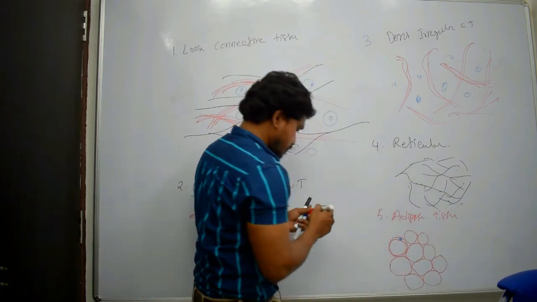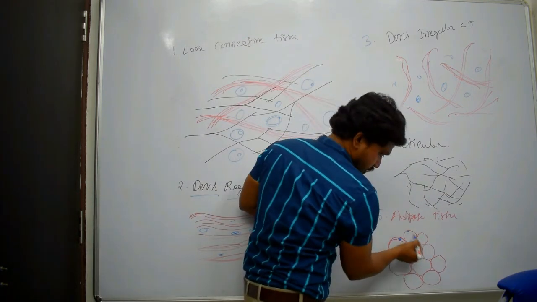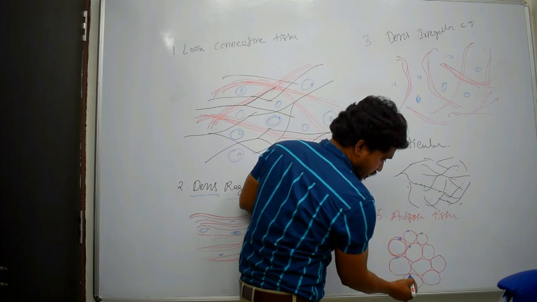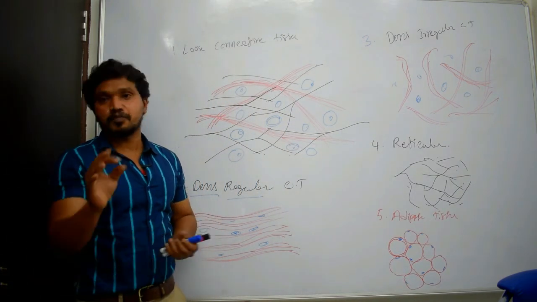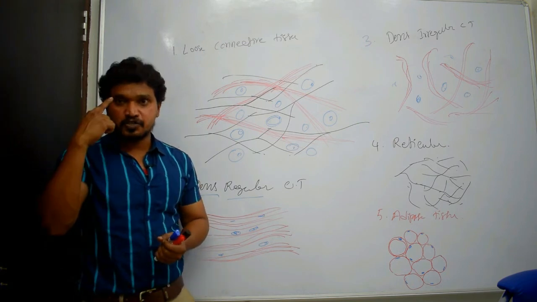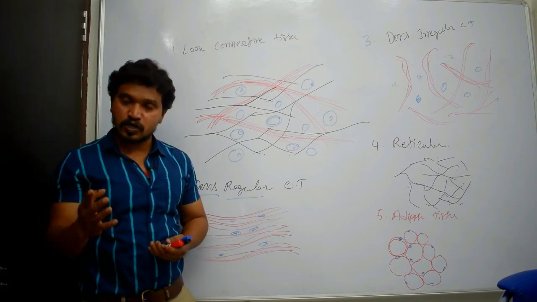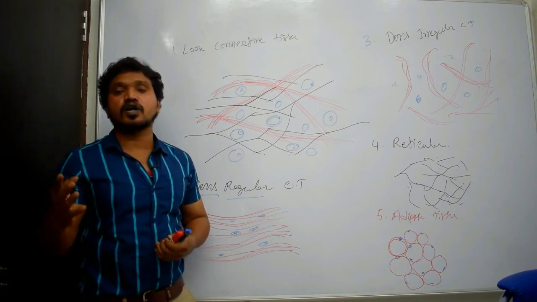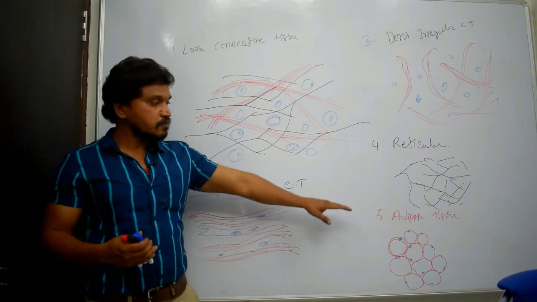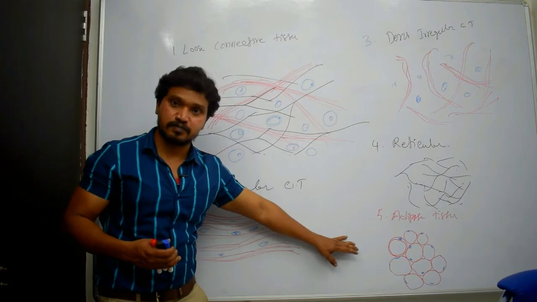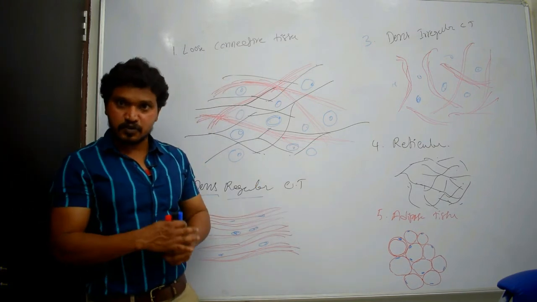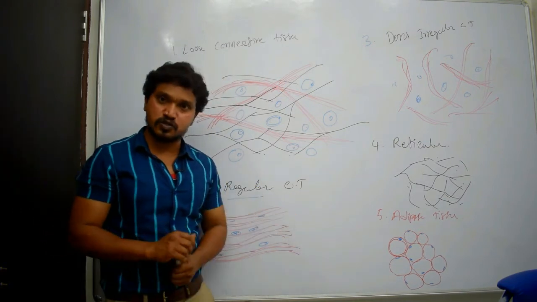This is the nucleus. Where can you find adipose tissue? In the subcutaneous tissue of the body, except a few places: the subcutaneous tissue of eyelids, penis, scrotum, labia minora and areola of nipple contains no fat, that means it is devoid of fat. Except those areas, subcutaneous tissue contains adipose tissue.